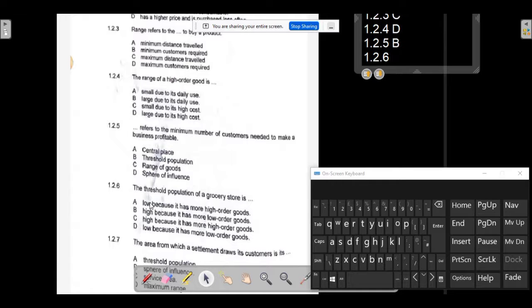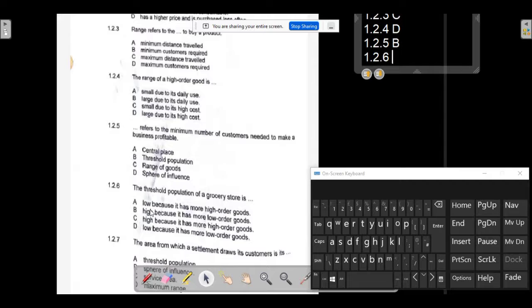Most of the time, when your threshold population is very high, it usually means your product is costly, a high order good. That's why you need a huge threshold population: it's likely not going to be bought, so you need a large number of people to increase the chances that it is bought. In this case, for a grocery store I would go with low, because a grocery store sells low order goods.